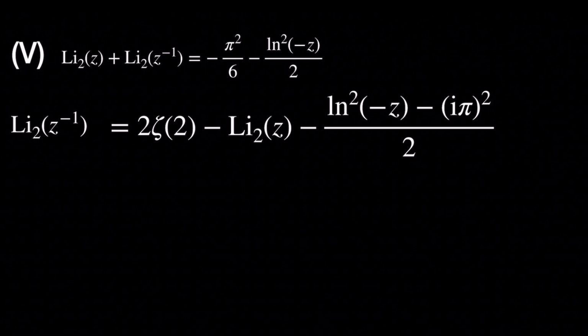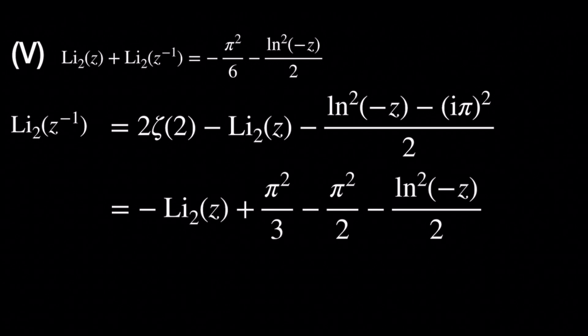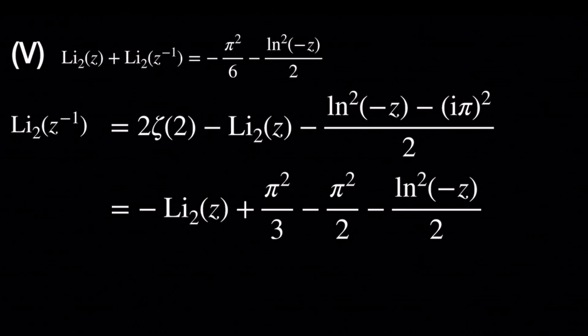So we're going to compute now. i pi squared is simply negative pi squared, but there's a negative in front of it, and there's a negative in front of the fraction. So we're going to end up with negative pi squared over 2 minus the square of log of negative z divided by 2.